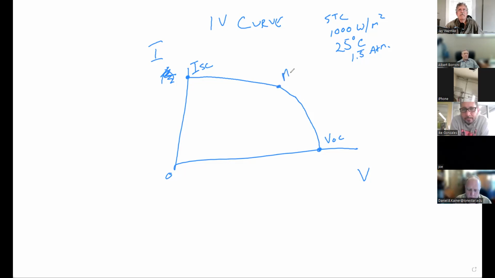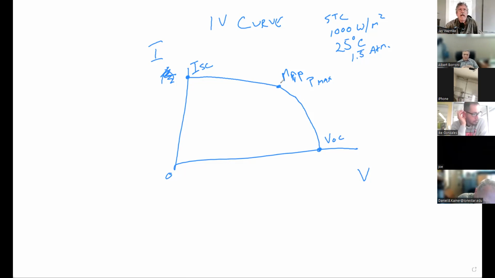And this is the maximum power point. It can be the MPP. It's also sometimes called the Pmax. They're not really set as far as what the acronym is. So I'm going to mute a couple of them. There we go. So that is the maximum power point.